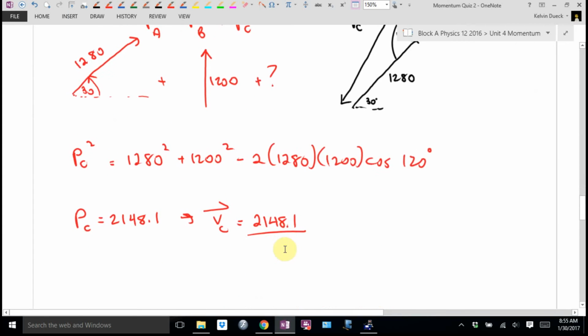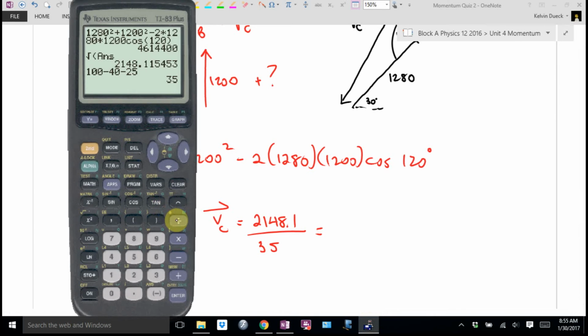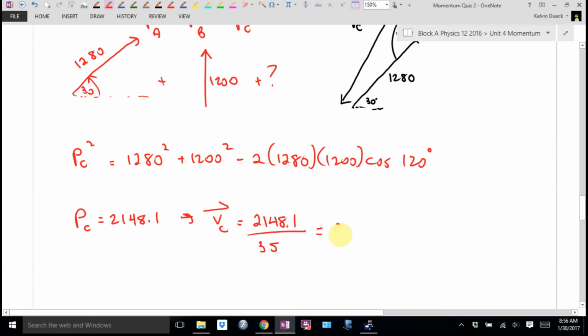Cool. Oh, that was dumb. I wanted to keep that on my calculator. 2148.1154553 divided by 35. I'll do it the long way. Do you get 61.4? Is that right? Mm-hmm. Yep. 61.4 meters per second.